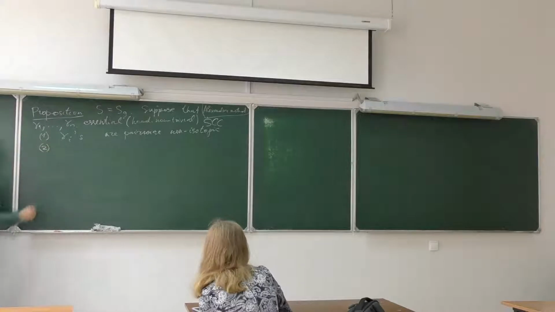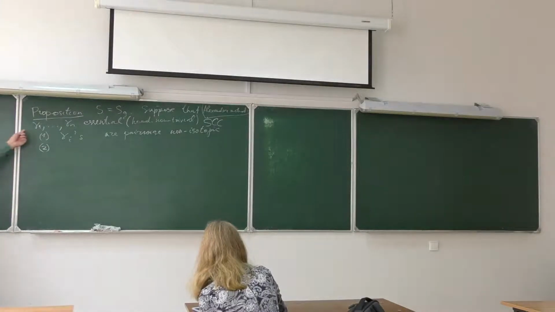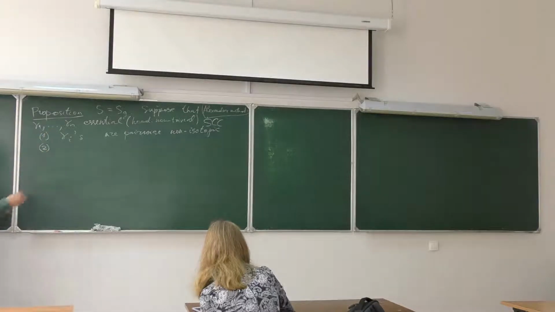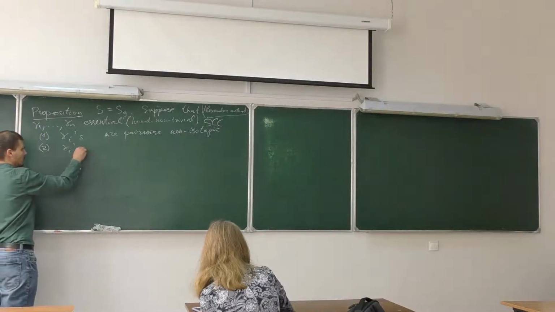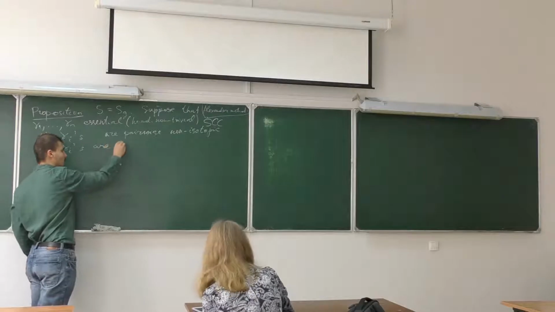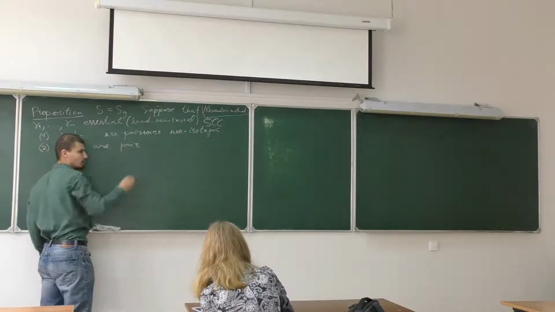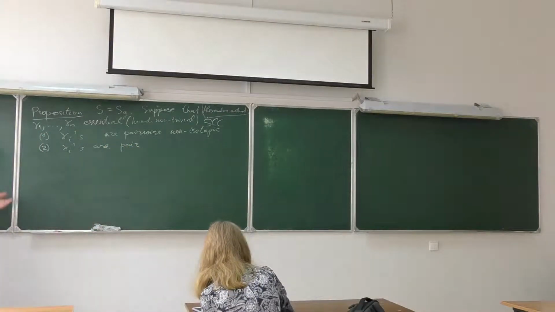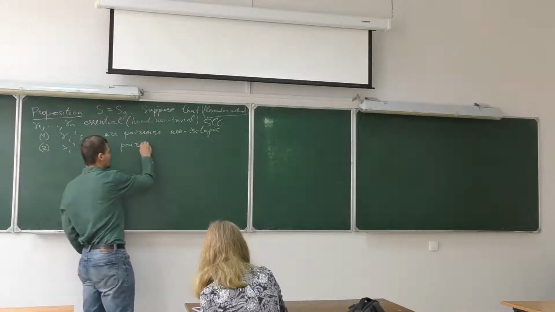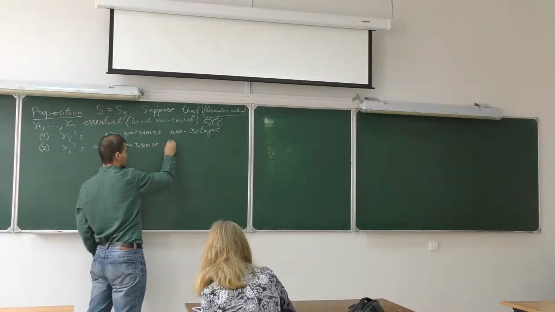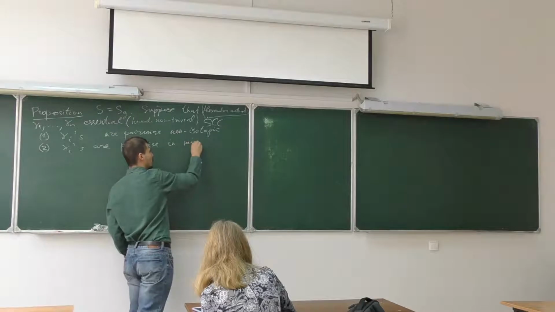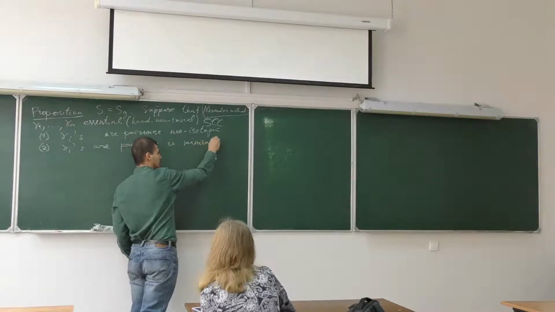Second, any pair of them are in minimal position. So these gamma i's are pairwise in minimal position. We do not know what is a minimal position for several curves, but each pair is in minimal position.